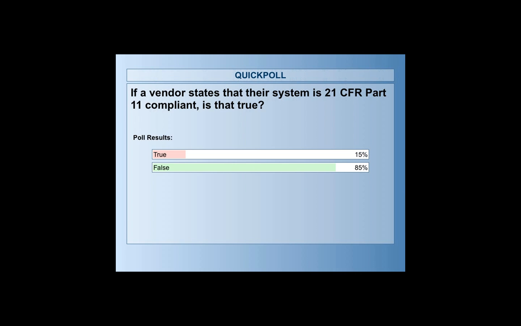So the answer is 85% said it was false, and 15% said it was true. And the answer is false, okay?